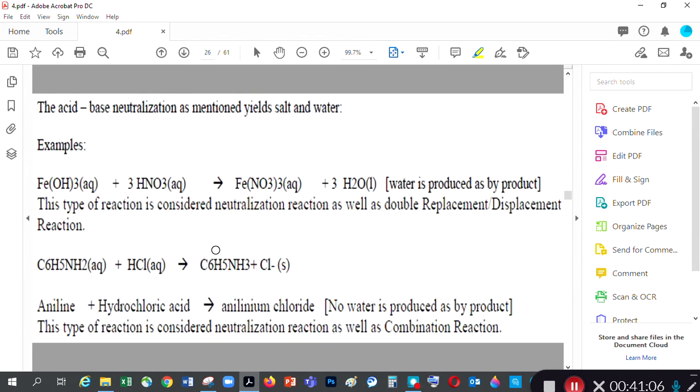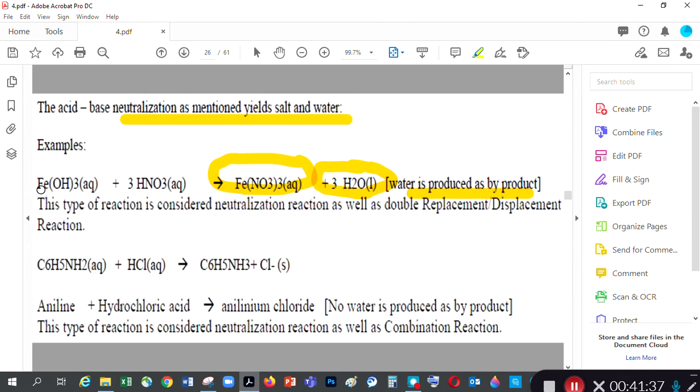So here is an example of the acid-base neutralization, which gives us H2O and a salt. This is the reaction here. We have a salt and H2O, and water is our byproduct.